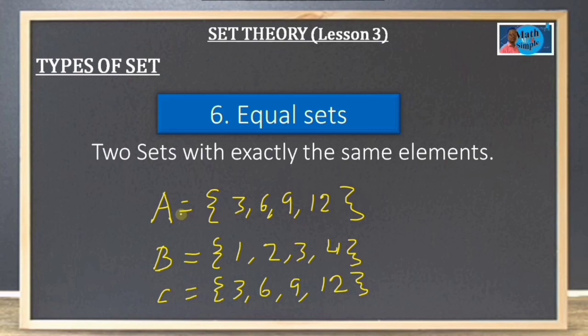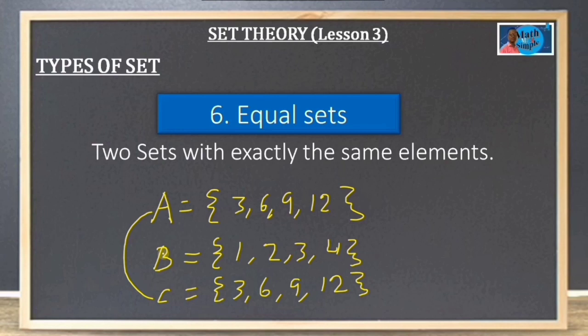Okay, so for equal sets, we say two sets with exactly the same elements. So set A and set C are equal sets because they have exactly the same elements. But set A and set B are not equal sets, but they are equivalent sets because they do not have exactly the same elements, but what they have is the same cardinality.